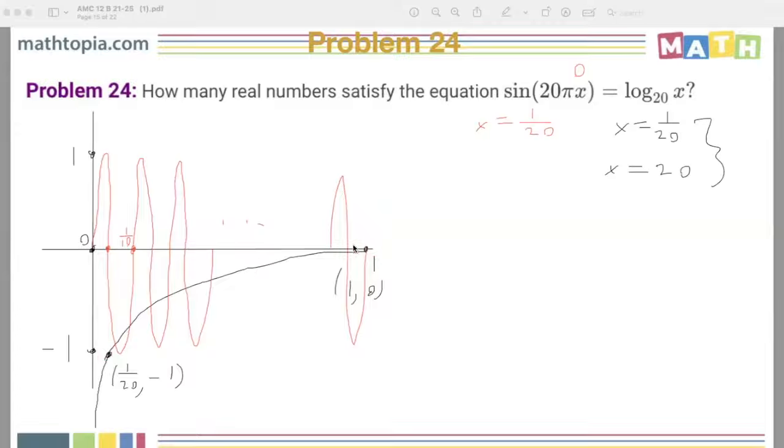So no matter where the logarithm function is, it hits the curve at exactly 2 points. Here it hits it 1, 2. Here it hits it 1, 2. Here it hits it 1, 2, etc. And here it hits it 1, 2 again, where the final point is right here at x equals 1. So between 0 and 1, if 0 is less than or equal to x is less than or equal to 1, we have found 20 solutions.